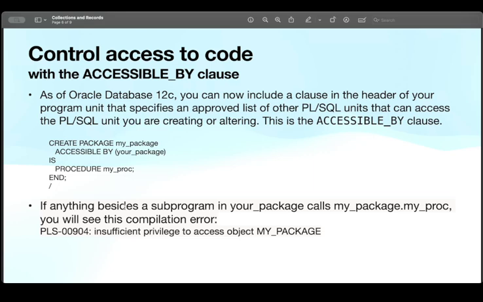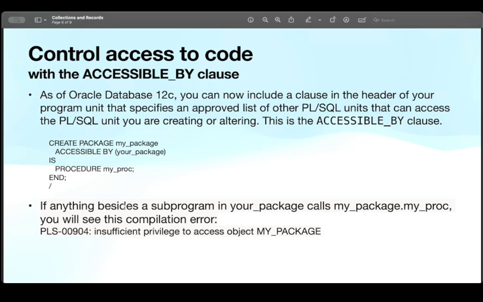Control access to code with the accessible by clause. Before Oracle Database 12c, PL/SQL could not prevent a session from using any and all subprograms in packages to which that session's schema had been granted execute privileges. Developers had to accept that violations of their subprograms would or could occur, or else write code to restrict access.